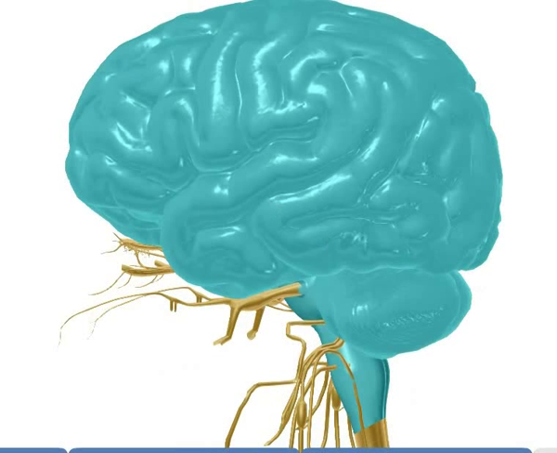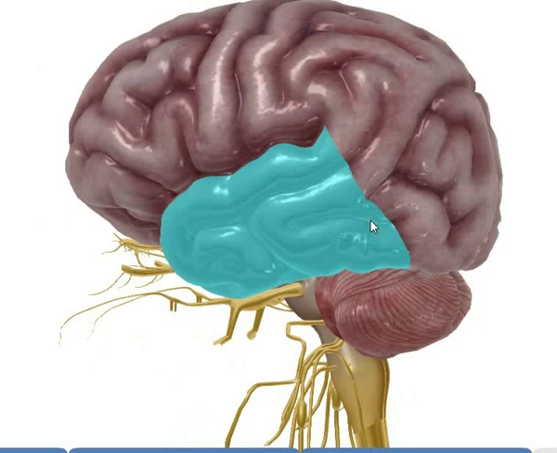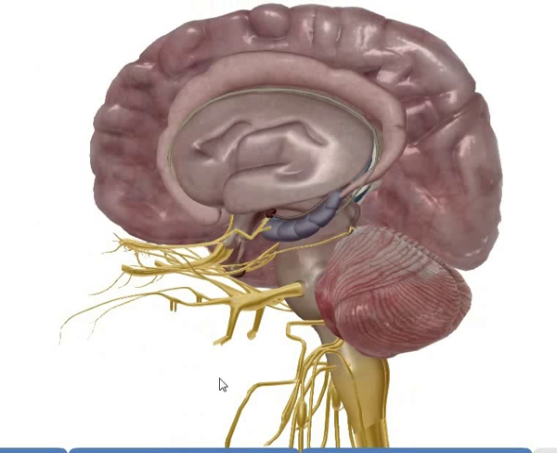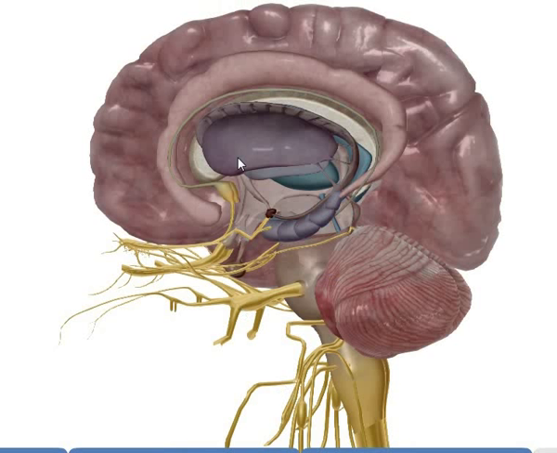Here you have your temporal lobe, and we want to get rid of that. And here's your midbrain right there. You have your hippocampus here. You have your cingulate gyrus here. So let's get rid of the midbrain to see if we can find the basal ganglia. And this is important for a very good reason. Here we go.